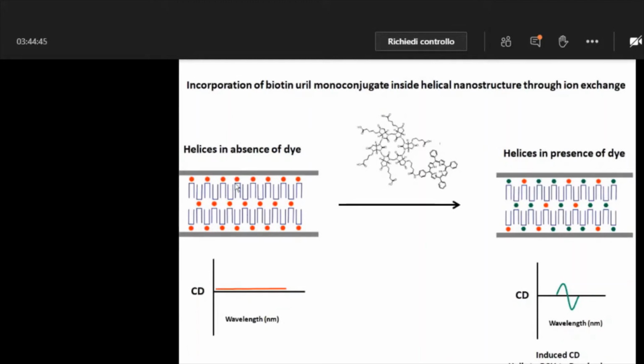Because chloride is not a chromophoric molecule, if you record the CD, there won't be any CD signal. But the moment you put the monoconjugate in, these monoconjugates having strong carboxylic acid groups on the cucurbituril, once they penetrate, they try to replace the chloride anions which are present inside the silica walls.